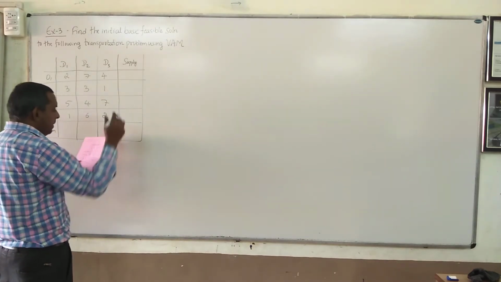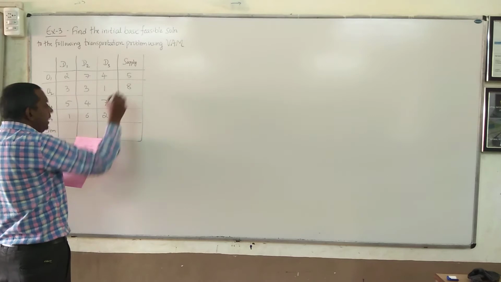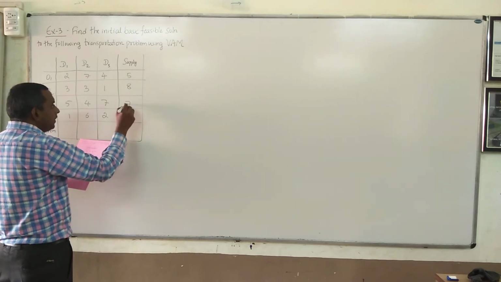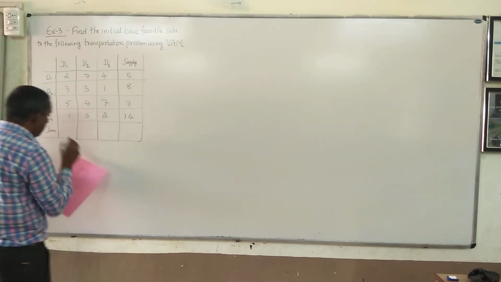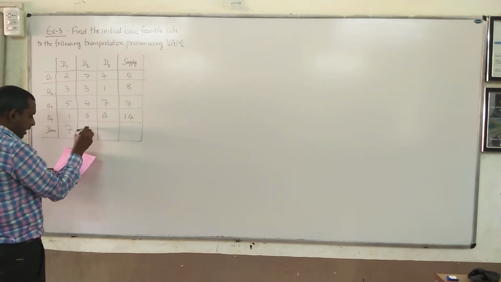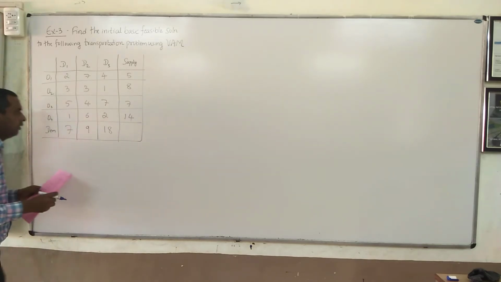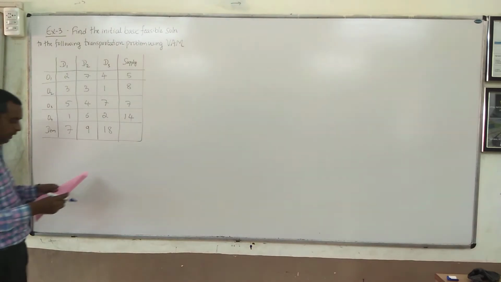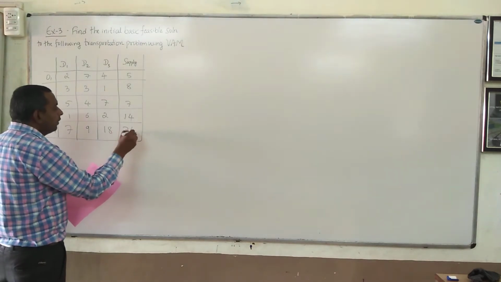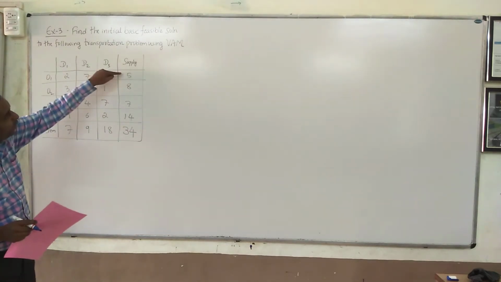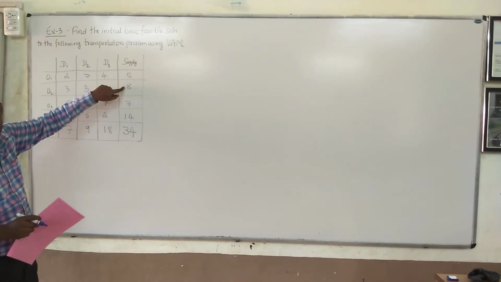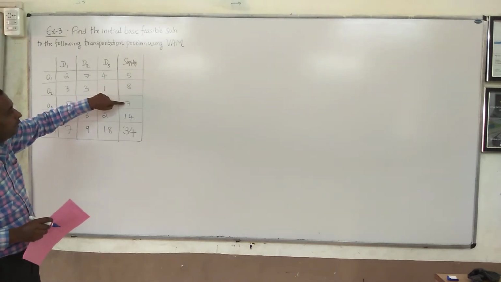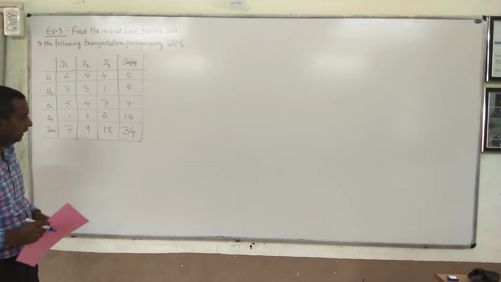And the supply is 5, 8, 7, 14. Then 7, 9, 18, 27 plus 7 is 34. I think here it is 34. Is it 34? 5 plus 8 is 13, 20 plus 14 is 34.